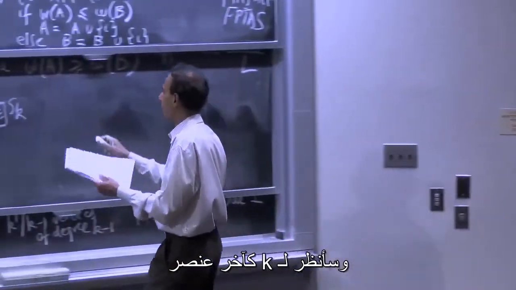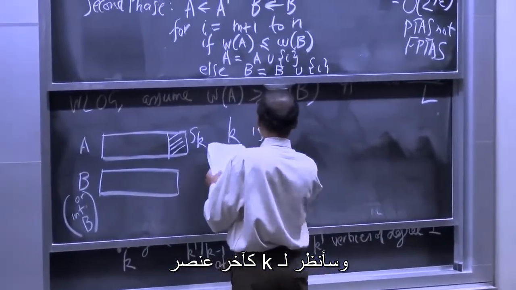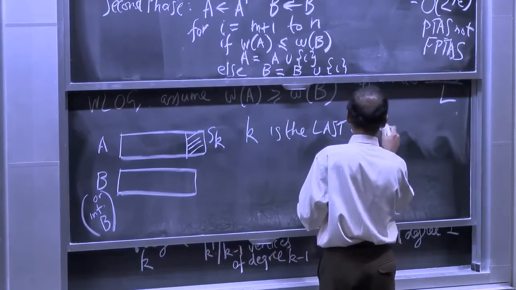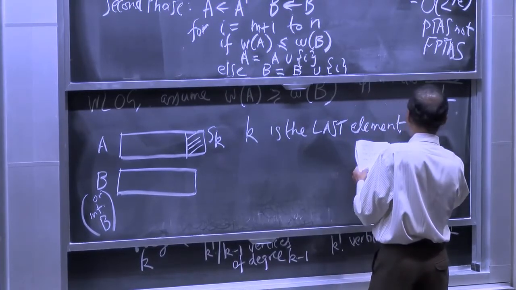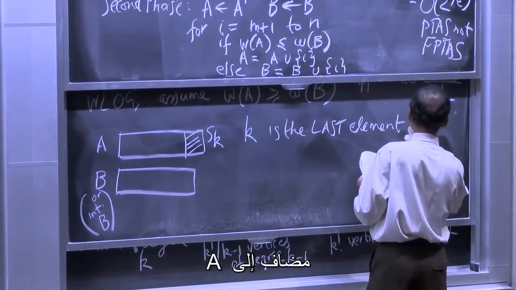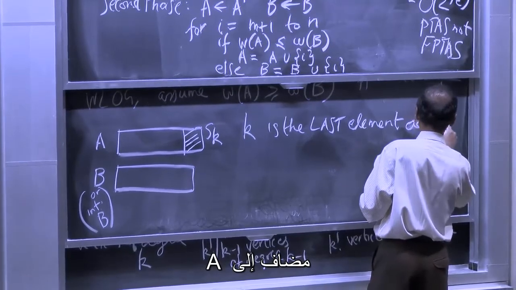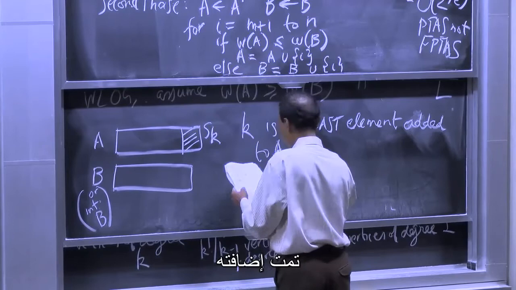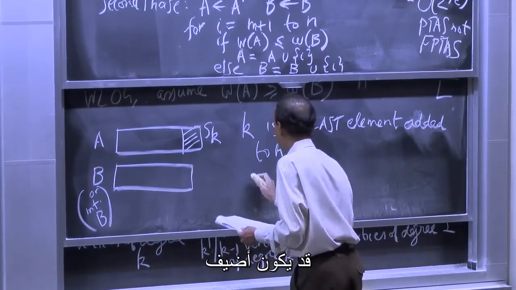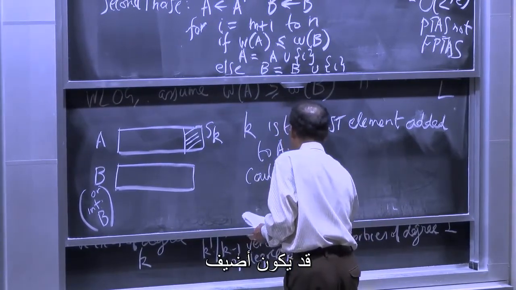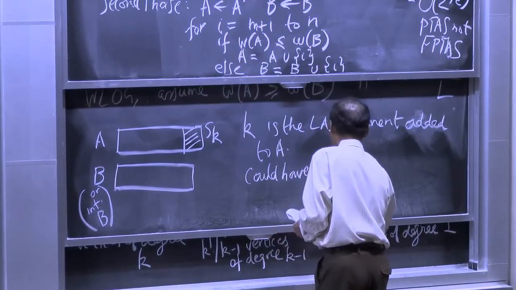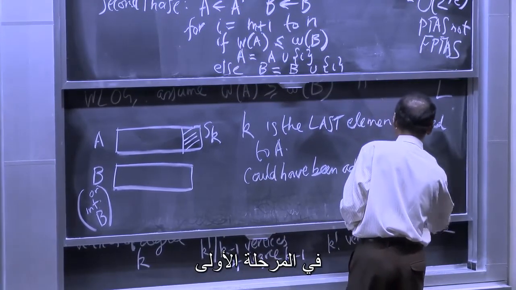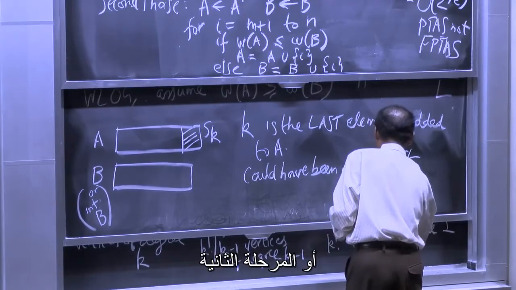And I'm going to look at K, the last element added to A. Now, this could have been added in the first phase or the second phase.